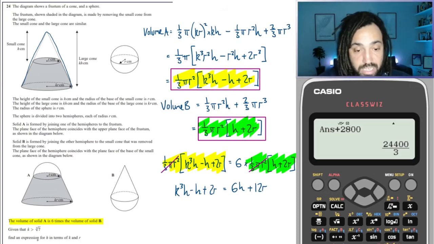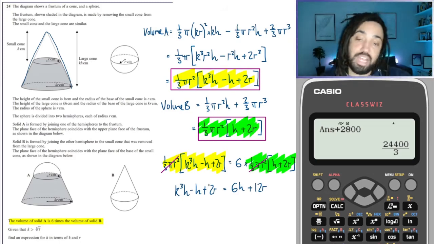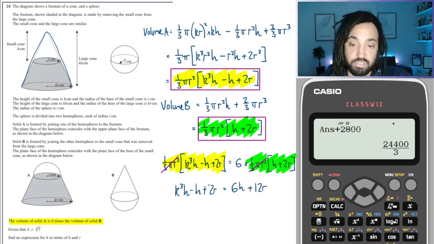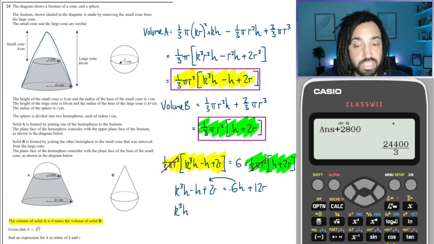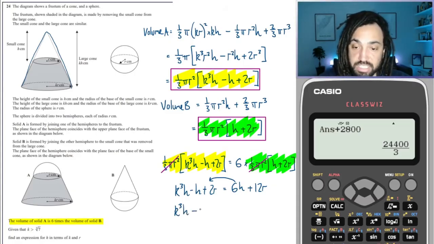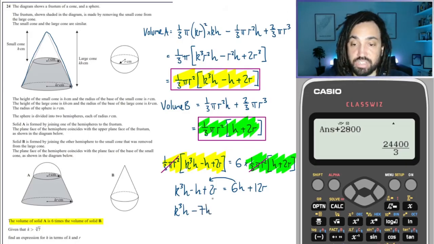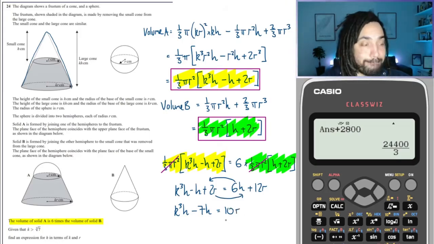We need to make an expression for h, so I'm going to put all my h's onto one side, all of the other things onto the other. So this h I'm going to subtract over, so it becomes k cubed h. I've got a minus h, and I'm taking away 6h, so that's minus 7h, and then the 2r is going to come over, take that away, it's going to give me 10r over there.